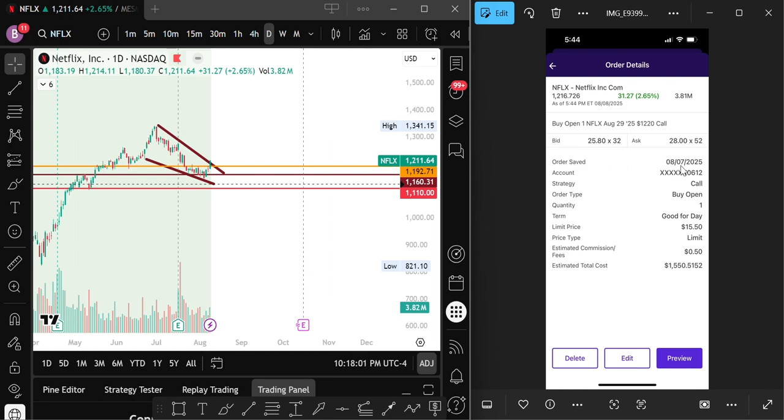I saved a Netflix 1220 call. So I said Netflix will go to $1,220 by August 29th.